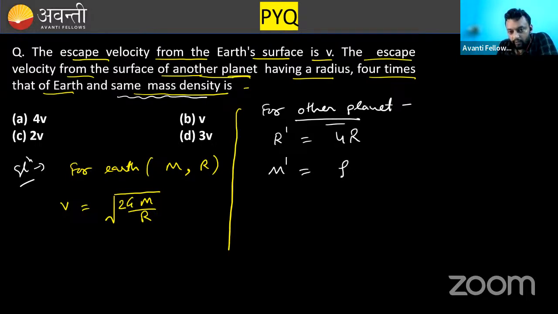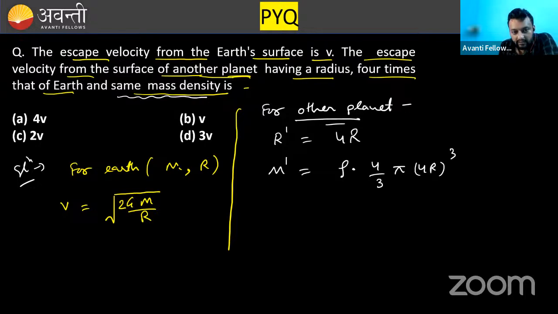So that will be rho into its volume, 4 by 3 pi, and the radius is 4r, cubed. You know the formula, mass equals density into volume. Clear?